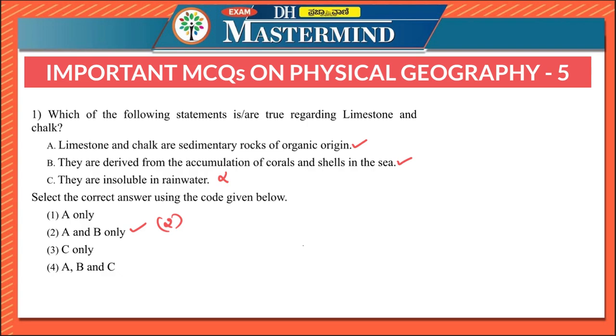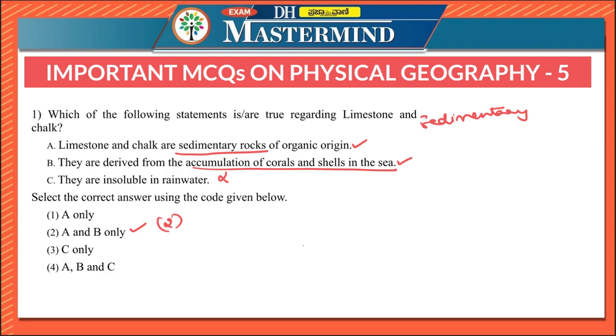So limestone and chalk are sedimentary rocks of organic origin derived from the accumulation of corals and shells in the sea. So what are sedimentary rocks? If you want a detailed explanation, please watch one of the videos on physical geography. Among the first 3 to 4 videos on physical geography, there is an explanation on sedimentary rocks.